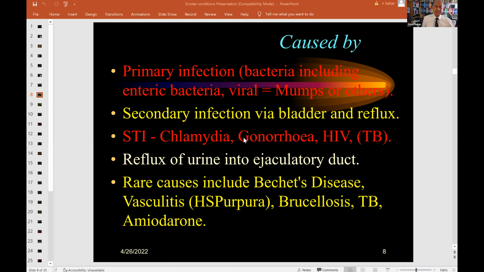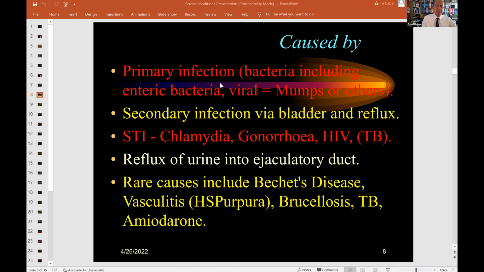So what causes epididymoorchitis? It could be a bacteremic infection leading on to enteric bacteria, or viremia causing viral infections such as in mumps or in other viral conditions.